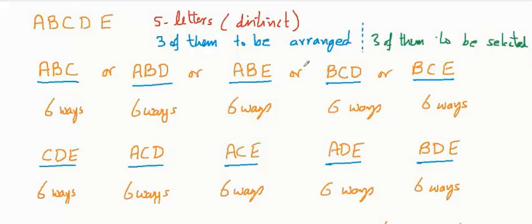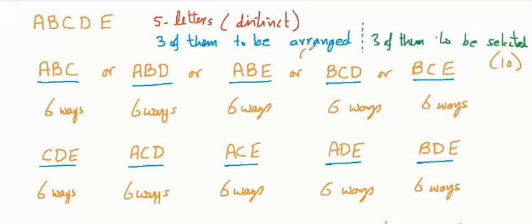As I told you, when we are doing arrangement, first we select and then arrange. So see, ABC is a selection. Those which I underline are actually the selections. These are a total of 10 selections, so the answer for this is 10. And for to be arranged, it means that after each selection there are 6 ways to arrange, so the total is 60.